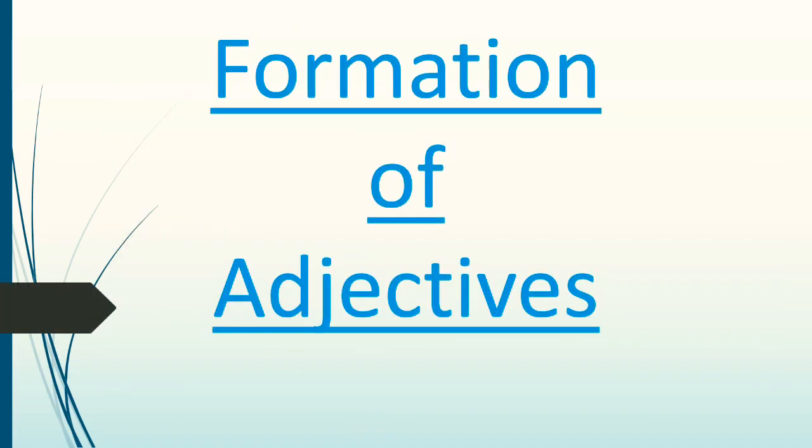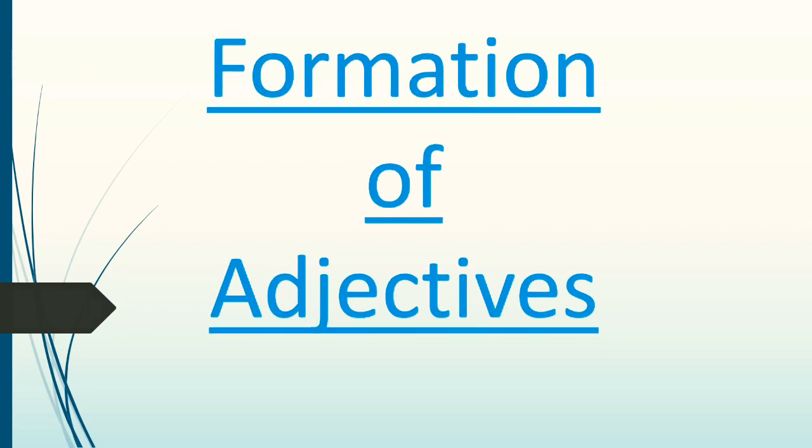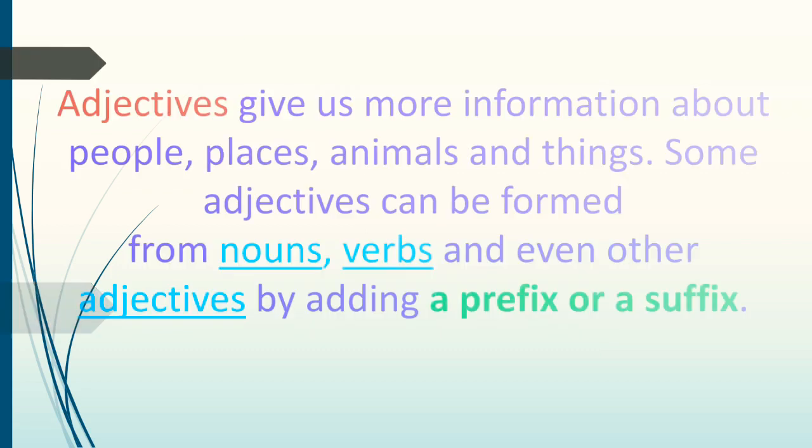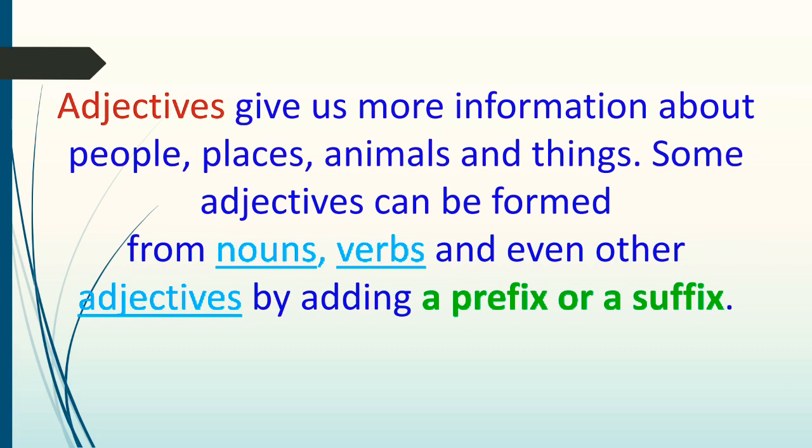Next, formation of adjectives. Adjectives give us information about people, places, animals, and things. Some adjectives can be formed from nouns, verbs, and even other adjectives by adding a prefix or a suffix.